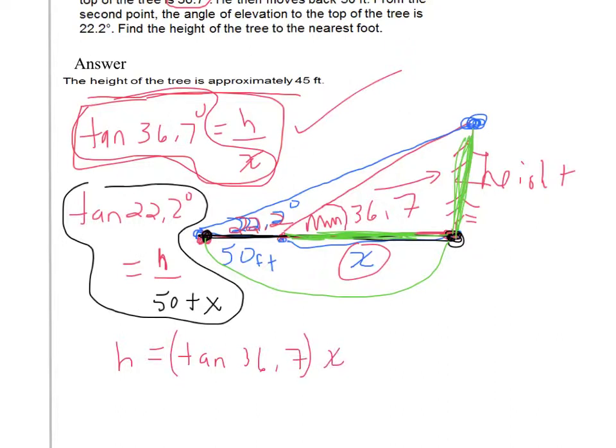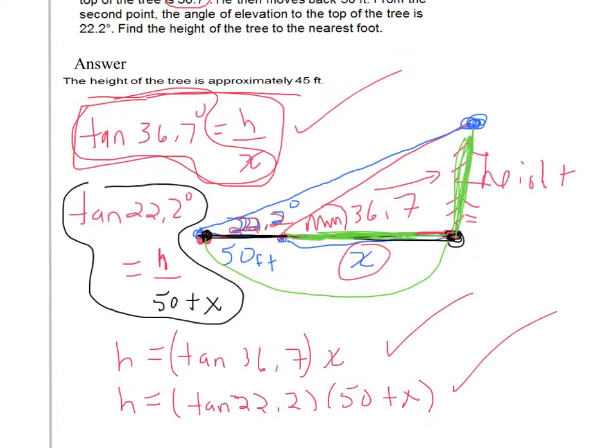But I know in this expression, tangent of 22.2 times 50 plus x will also give me an expression for h. So if they're both h, then we can set them equal to each other and solve for x. Now, that can become a little tedious with all the decimal crunching.